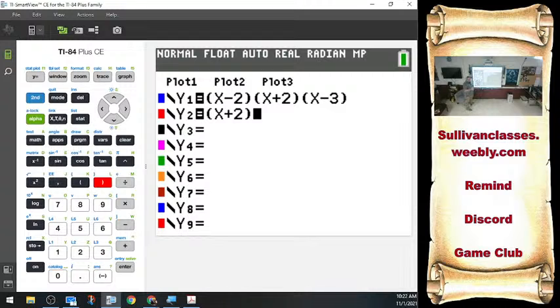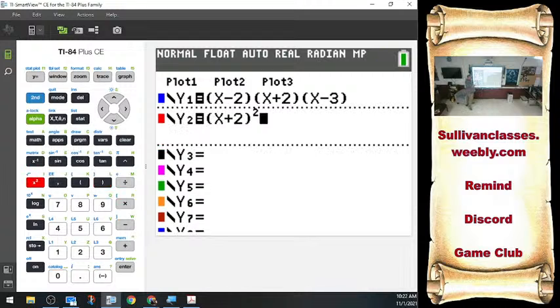Y'all okay if instead of a pair of x plus 2's, I just say squared? Okay. And then x minus 2, and then a x minus 3. Okay, so the only difference in these is literally that this has an extra x plus 2.